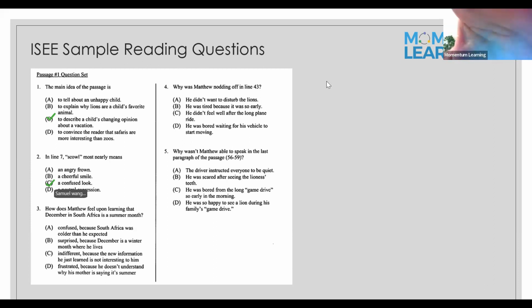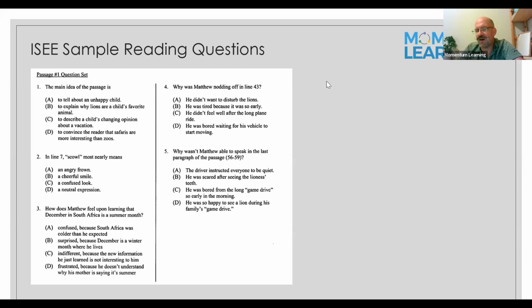Before we look at this one, we're going to look at the types of questions that we have. On the first one, we have our state of the main idea questions, just your basic main idea questions.